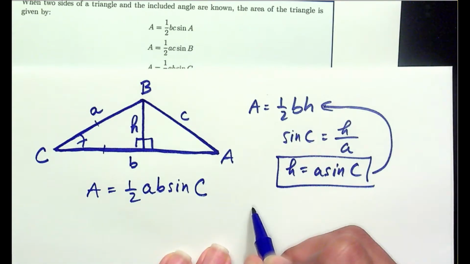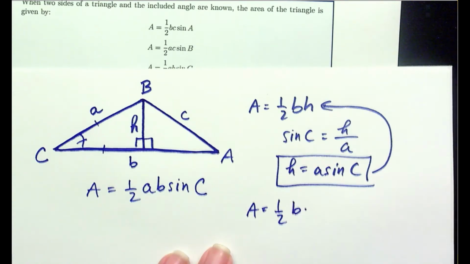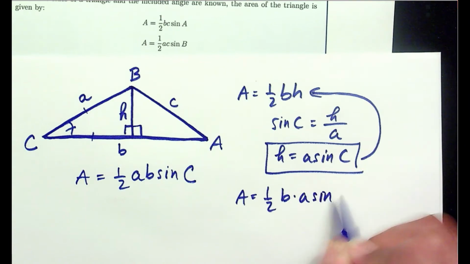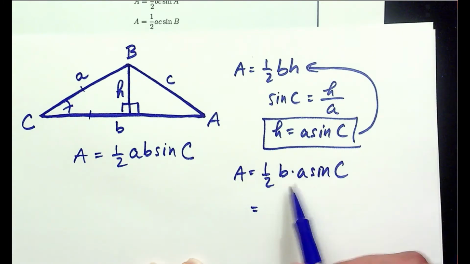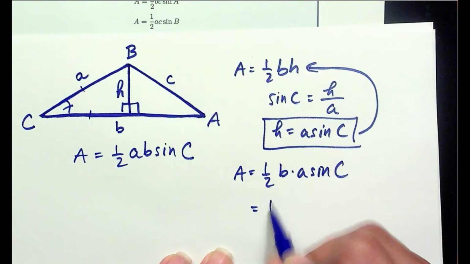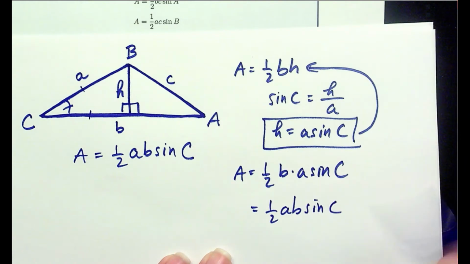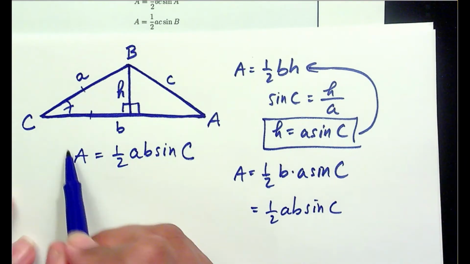You would get area equals 1/2 B times H, and H is A times sine of C. And then if you just rewrite this in alphabetical order, you would get 1/2 AB sine of C, which is precisely the formula that we got right here.